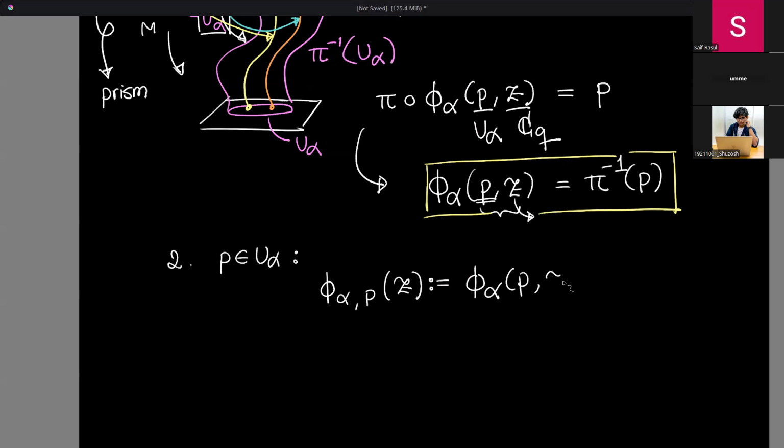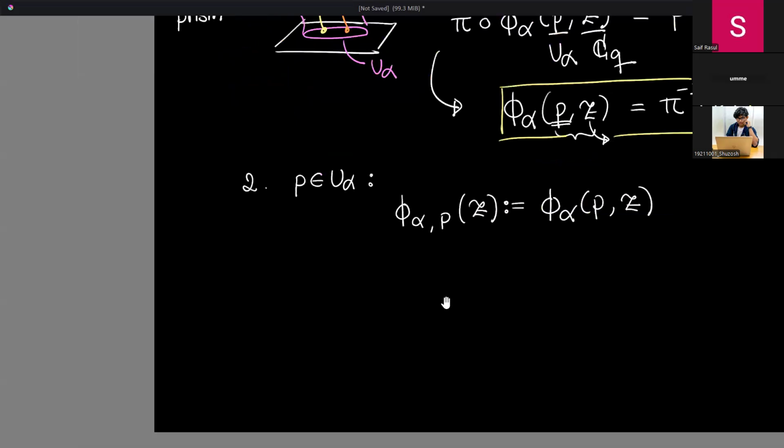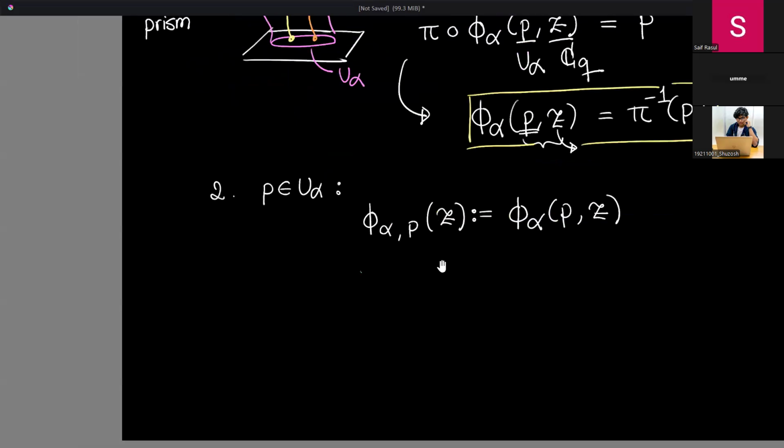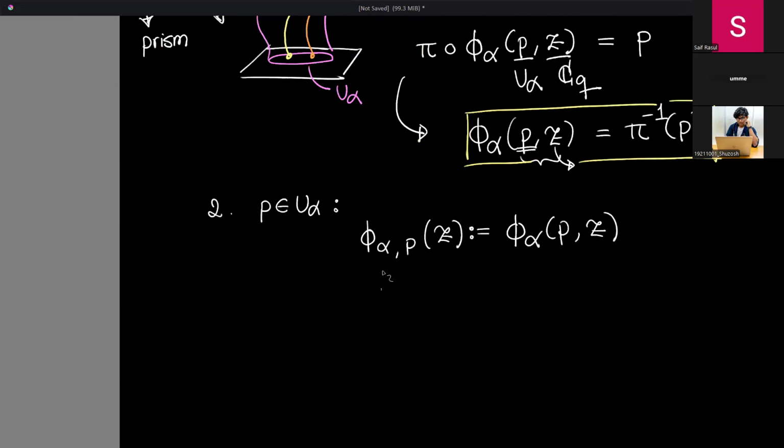So we're defining a different function that has the P baked into it, the point on the manifold. So this is a function that takes a point in C^q, which is this guy, and takes it to a point on the fiber, pi inverse of P.